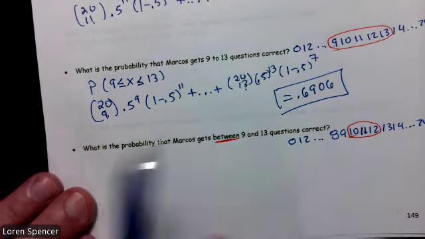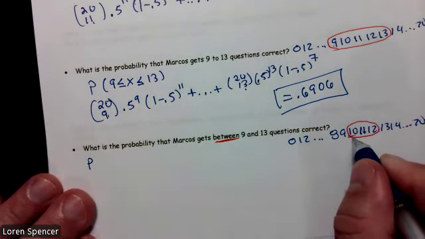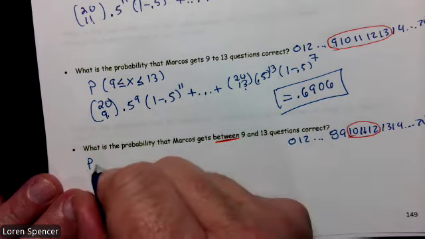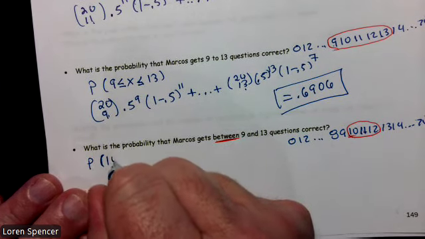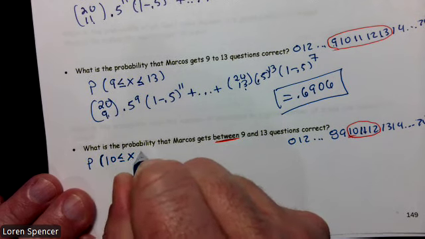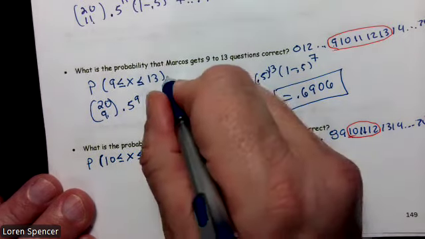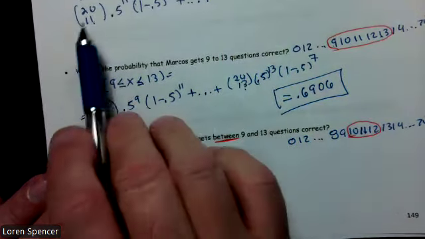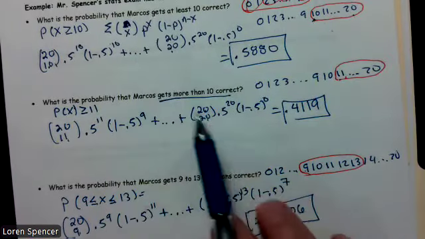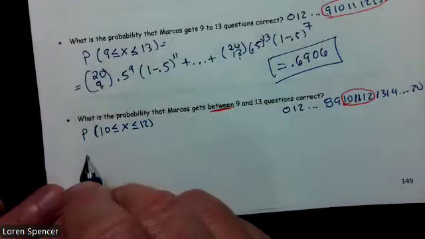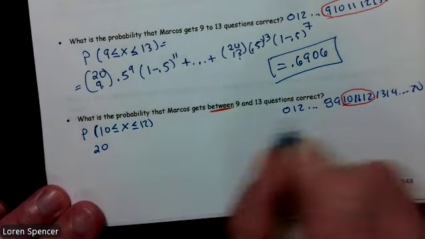My probability statement. Well, I have an in between, so my X has to be in between. Well, what's X in between? 10 and 12. So the probability that 10 is less than or equal to X is less than or equal to 12. All right, equals this. Now we're going to be showing the same formulas we had before. That hasn't changed. It's still the same summation, so I'm not going to rewrite it. But my lower value, 20 choose 10.